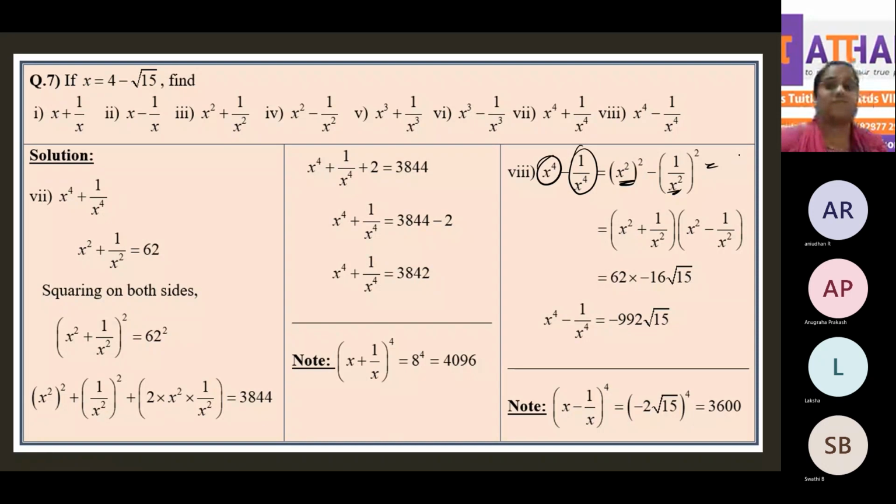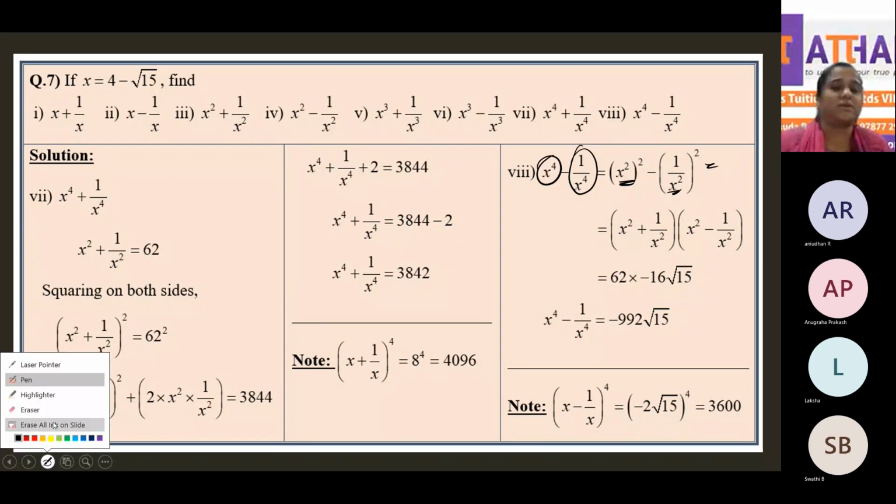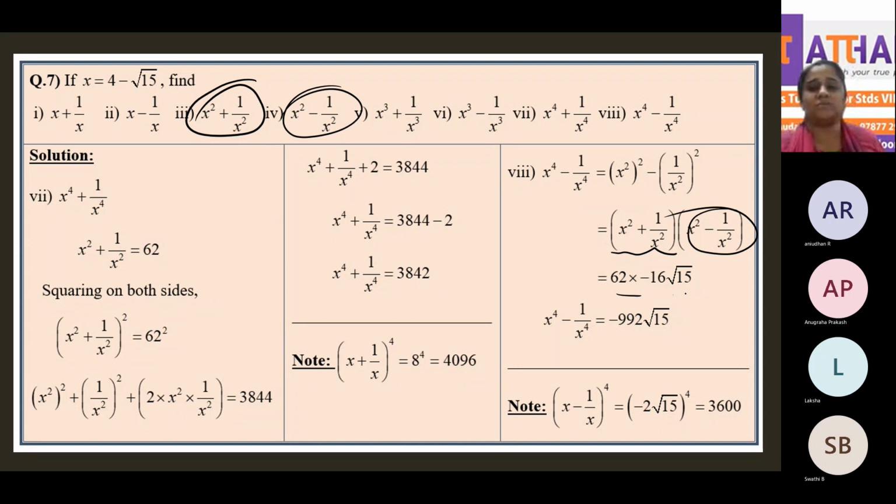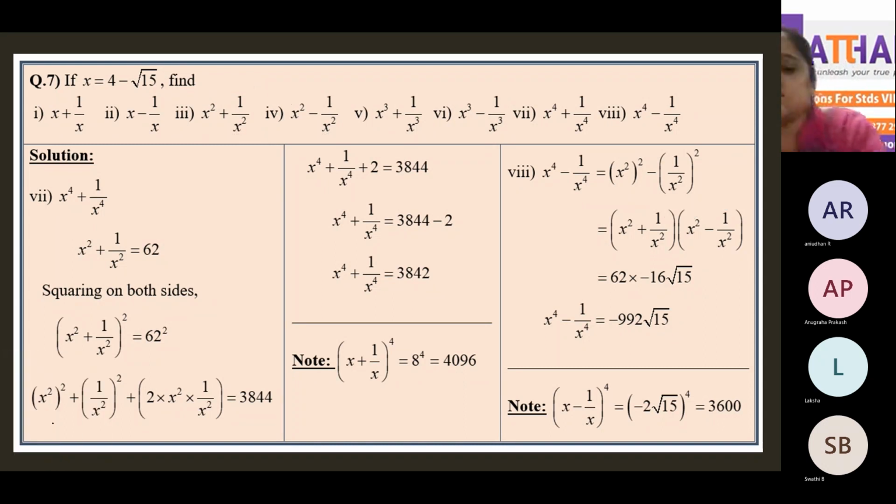So a plus b, x squared plus 1 by x squared, into a minus b, x squared minus 1 by x squared. We've already found those values earlier. So substitute the values and multiply and get it.